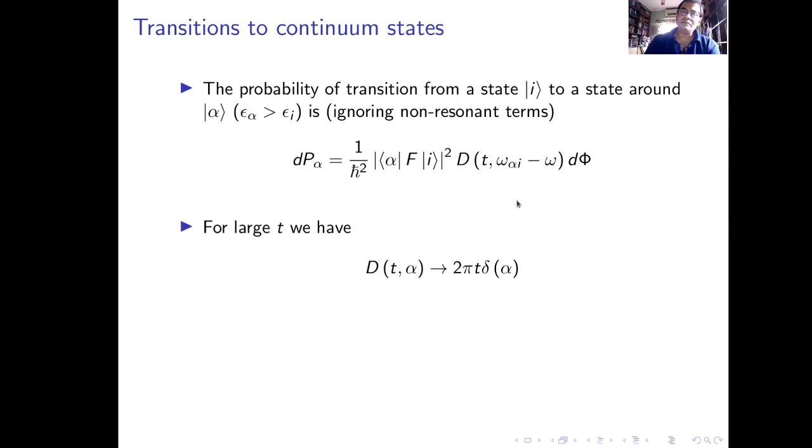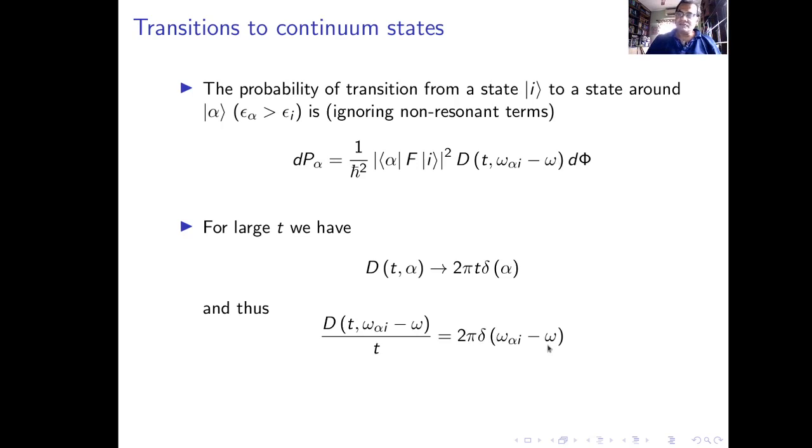Now remember that for large t, d_t(omega alpha I minus omega), or in this case d_t for any argument, essentially behaves like the delta function except that there is an extra t in front. So this is 2 pi t delta. This is what d_t becomes for very large values of t. So for very large values of t, this quantity d_t(omega alpha I minus omega) over t simply becomes 2 pi delta of omega alpha I minus omega.